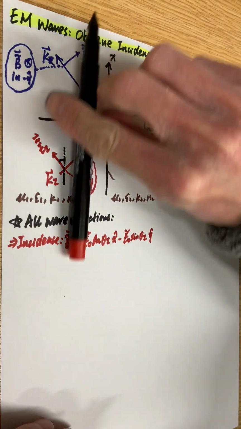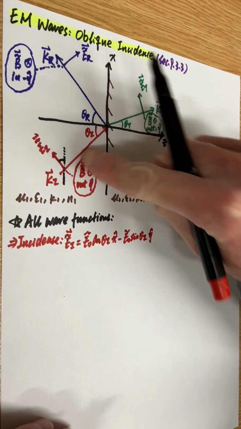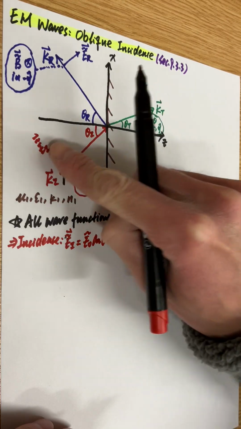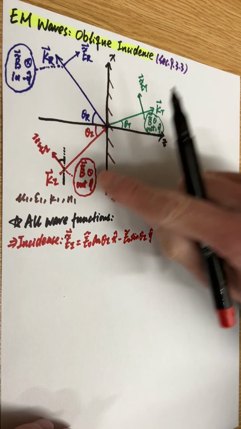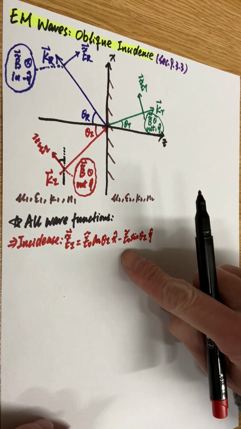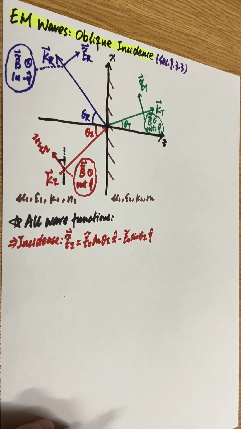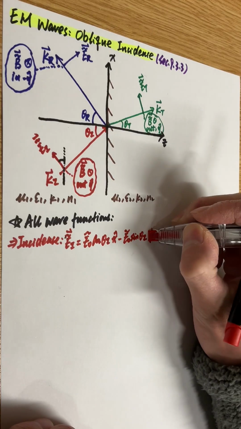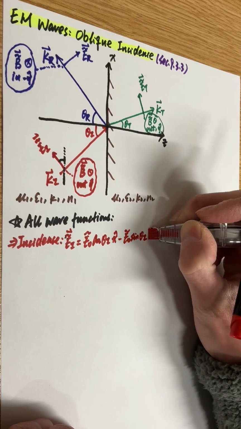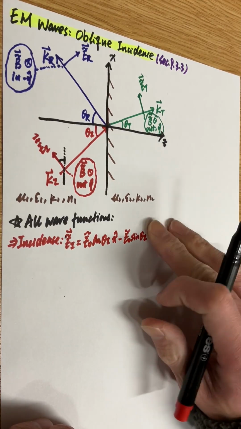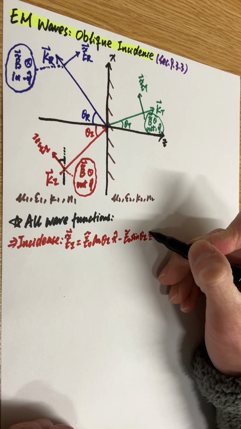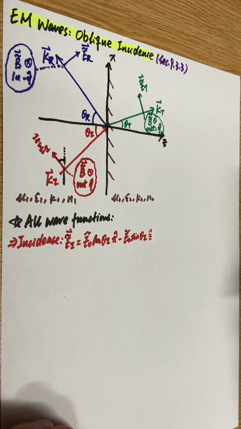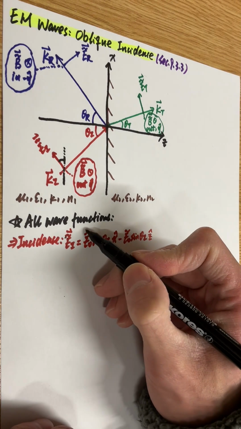So the vertical component is E0 cosine theta I in the x direction, and the horizontal component is pointing to minus z. Oh, sorry, here it's z direction. Okay, so that's the polarization.